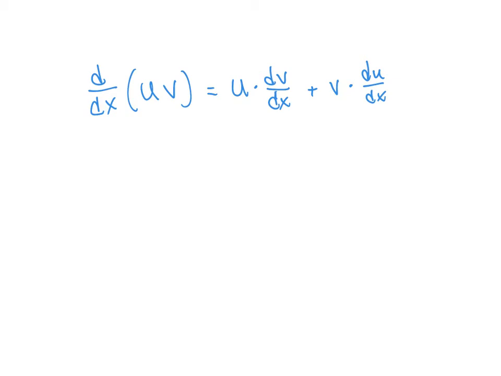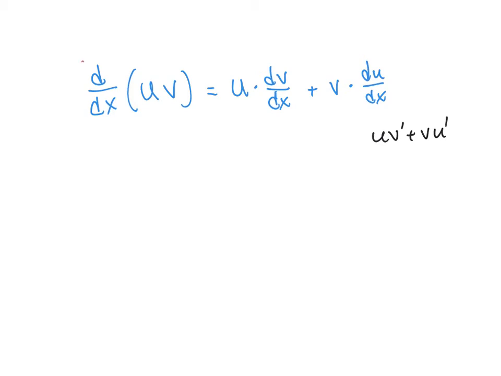When we memorized this thing in class, we did uv prime plus vu prime, or vu prime plus uv prime. But I want to stick with the Leibniz notation because we're going to manipulate this thing and come up with a formula for integration by parts. So the first thing you'll remember is that this notation, dv over dx and du over dx, those can be considered differentials too.